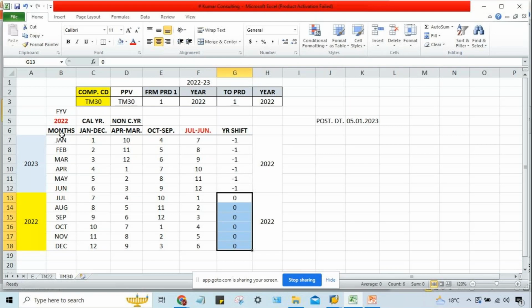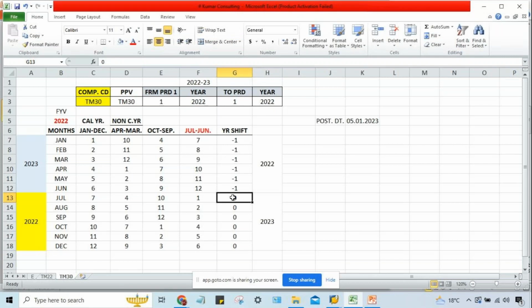We are in calendar year 2023. From 1st July onwards, 23 is started. So 1st July means July to December plus 1. Client is saying 2023. So here what is happening? We are in 2022, so 2022 plus 1, then only 2023. So here it is plus 1.